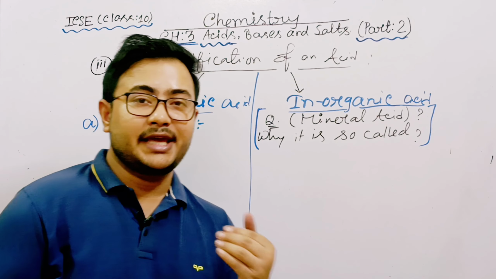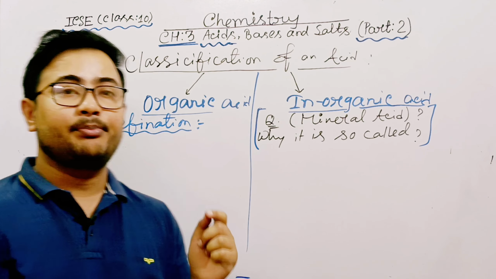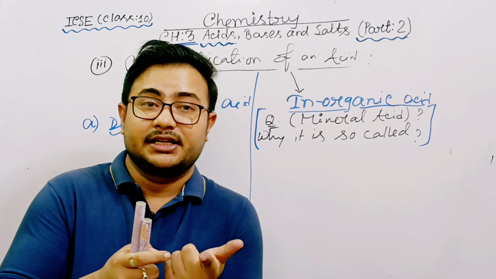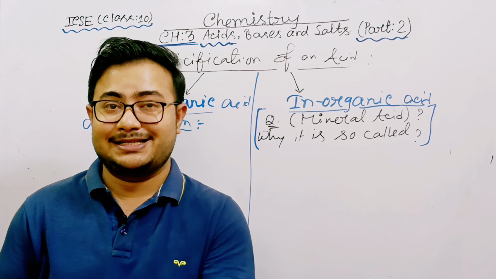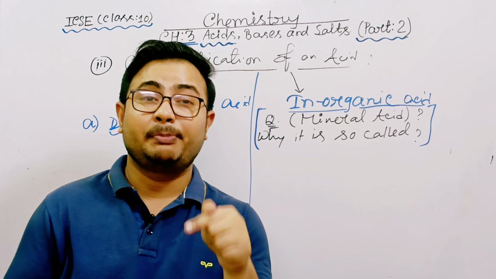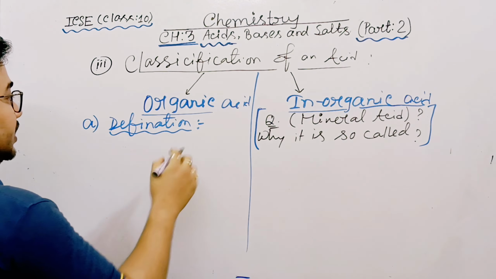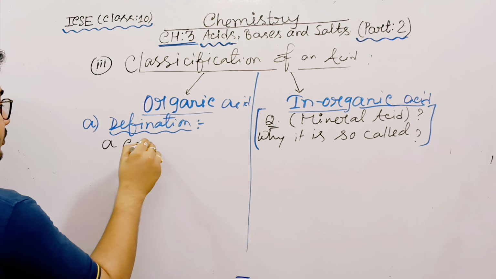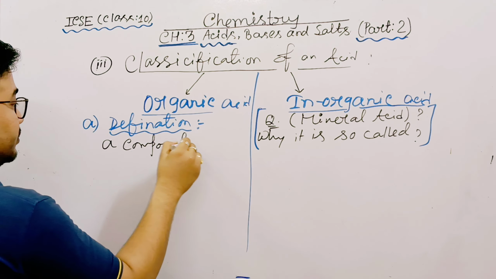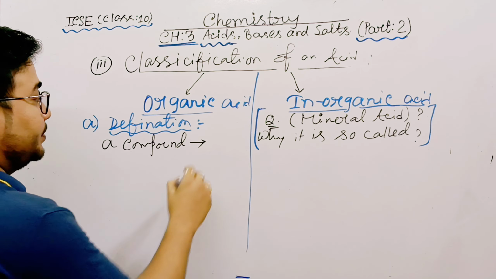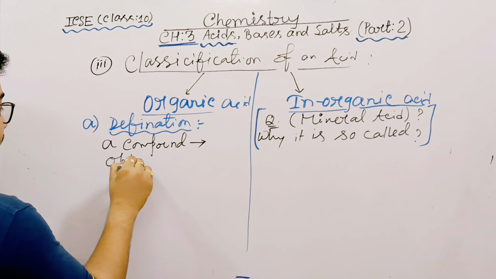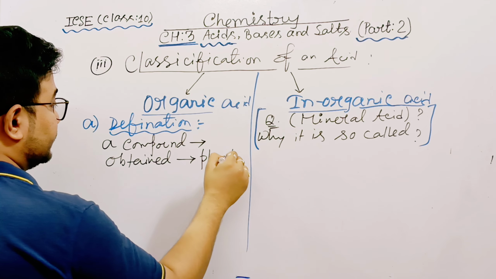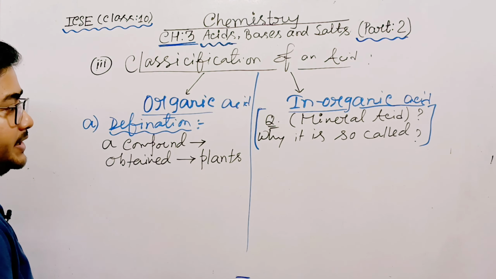Now the organic acid is a compound that is generally obtained in plants.